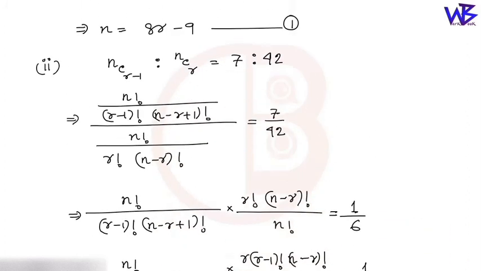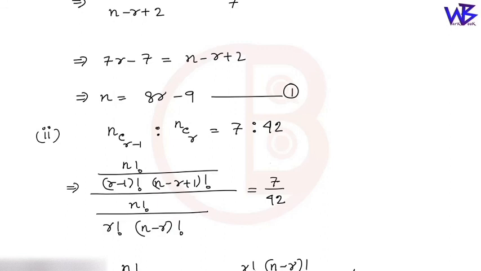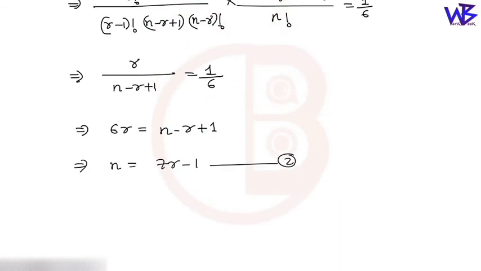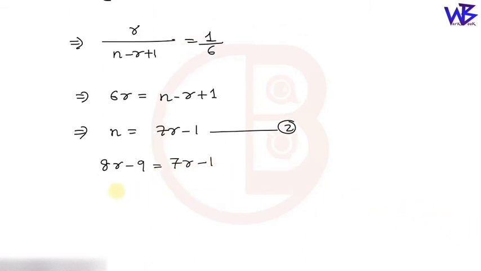From equation number 1, we have n = 8r - 9, and from equation number 2, we have n = 7r - 1. As n is the LHS in both equations, the RHS of these two equations must be the same. So 8r - 9 must be equal to 7r - 1, which indicates r = 8.